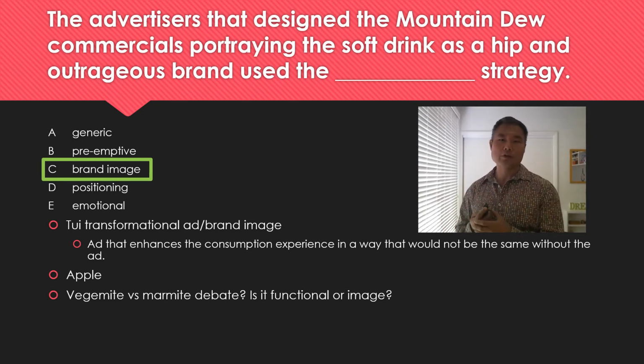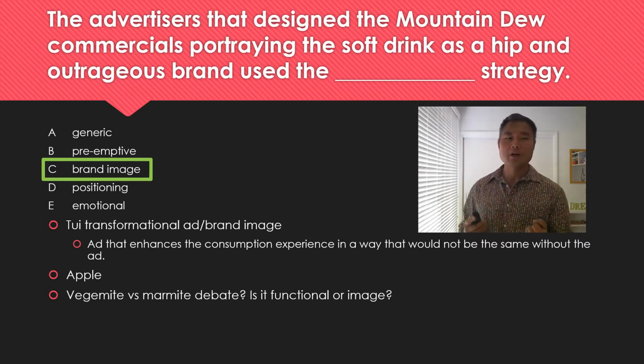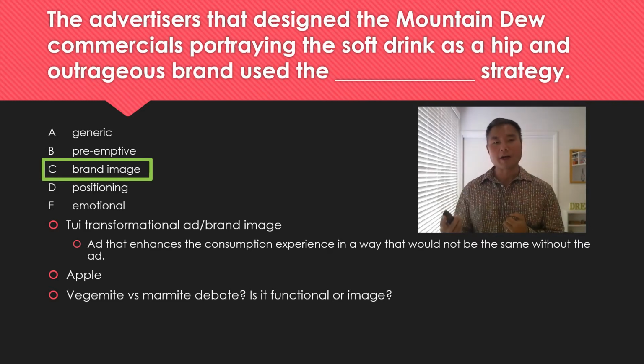But on the other hand, you can also take a brand image approach and really build up the difference between those two products. Now, I don't personally use either of those products too much, but I'm sure those that are really loyal to either Vegemite or those that are really loyal to Marmite will acknowledge that there might be some sort of brand image difference between those two products. They may also say that there are functional differences as well, such as taste and ingredients.